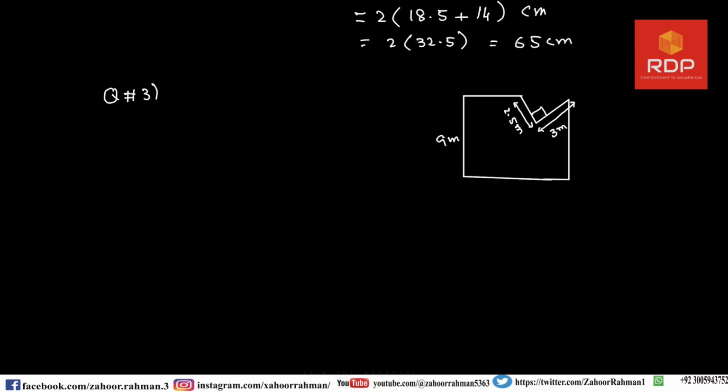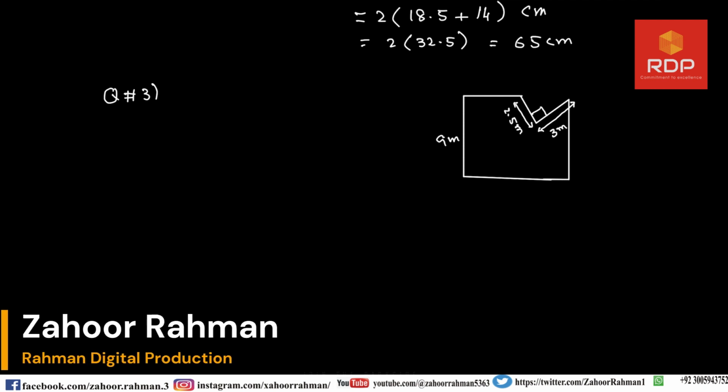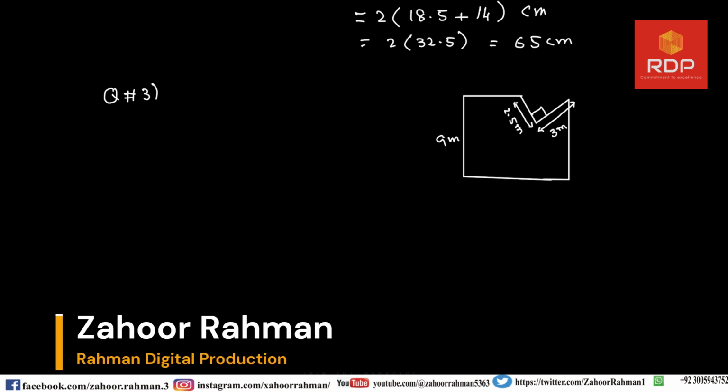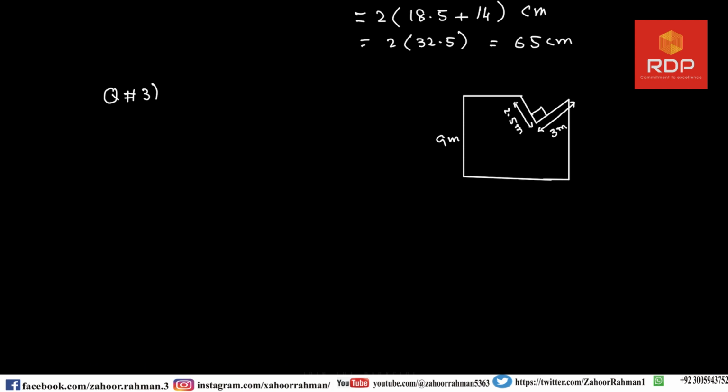So first we have to find the area of the square and then we will subtract from it the area of the triangle and we will only be left with the area of the figure. So let's do it first. I am writing area of square is equal to L square.